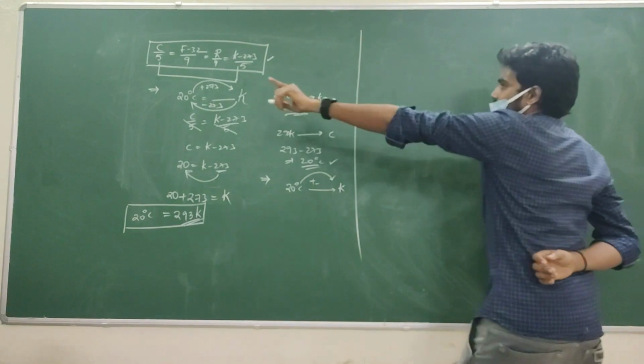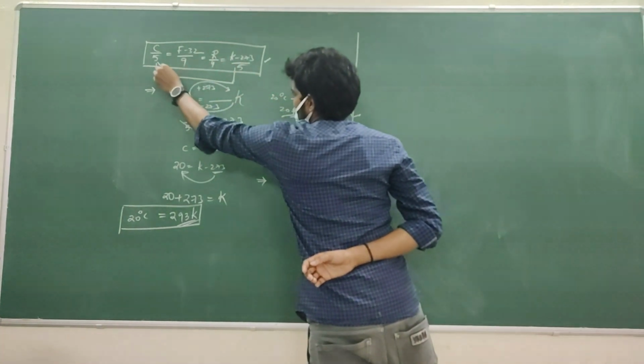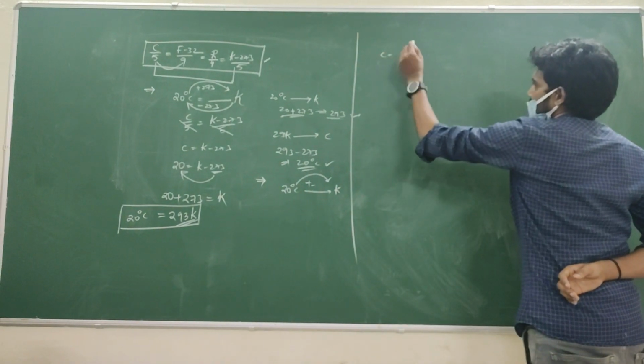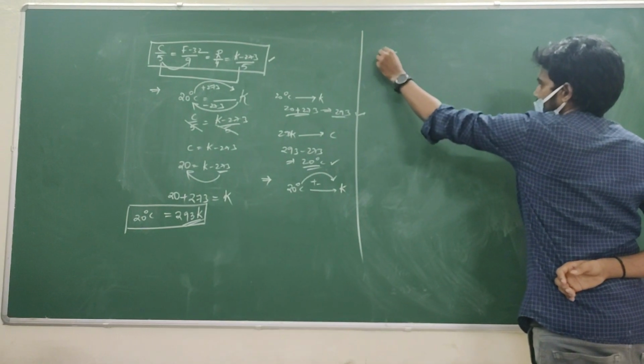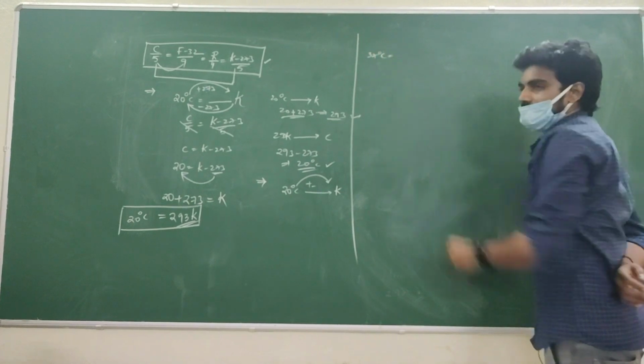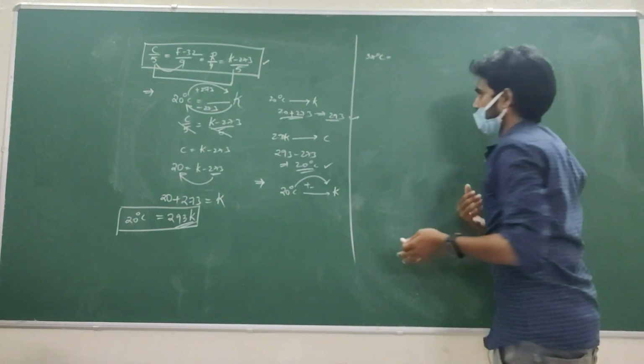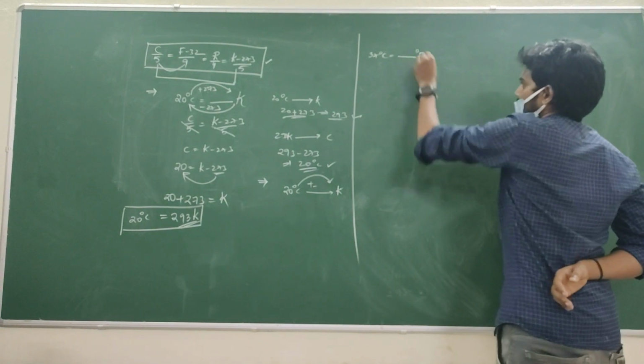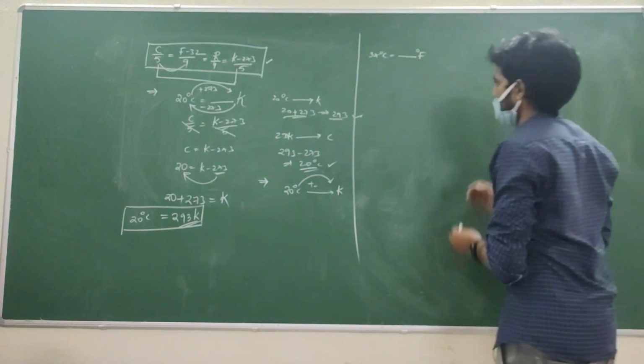So let's do one more sum. Let's convert centigrade to Fahrenheit now, right? The healthy human body temperature is 37 degrees centigrade, right? So what is the healthy human body temperature in degree Fahrenheit? They might have asked us this question.